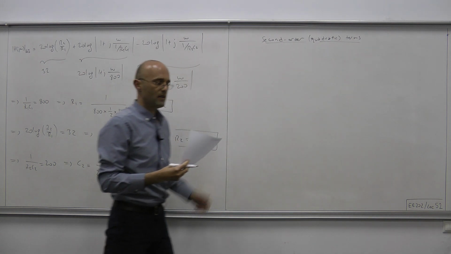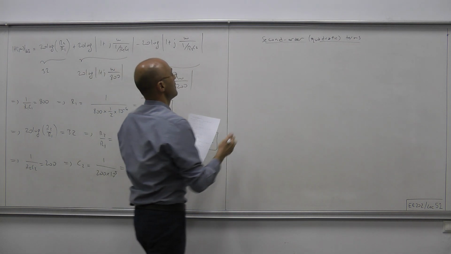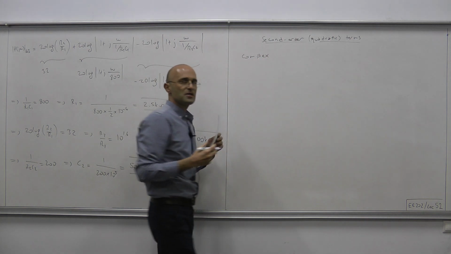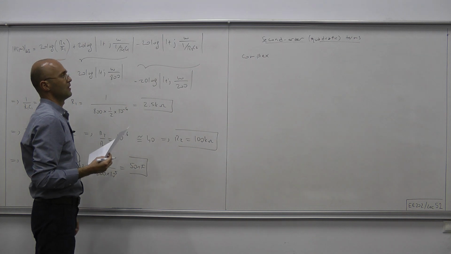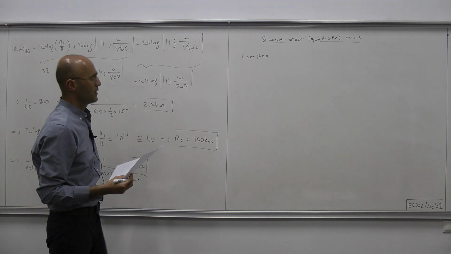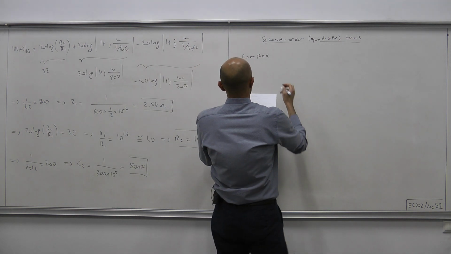Now what we mean by them is complex zeros or poles that are part of our transfer function.